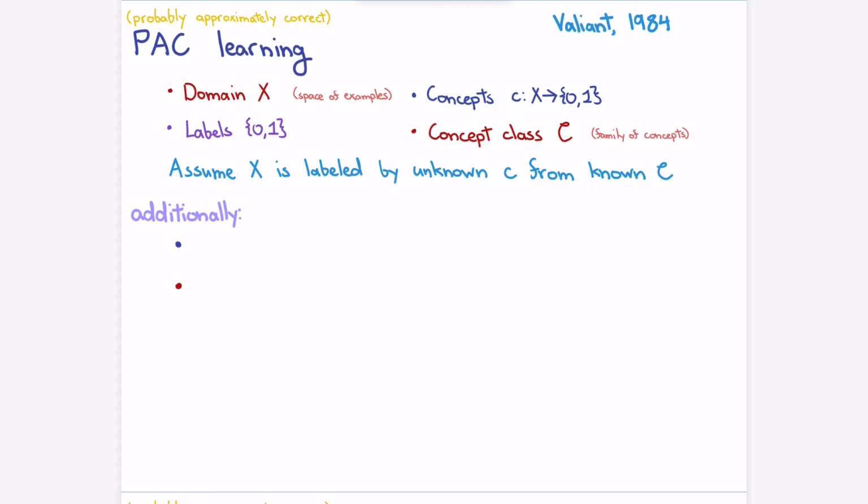Up at the top are all the things from the consistency model. There might be some domain and some concept labeling, but we want to come up with a new, better definition of learning.